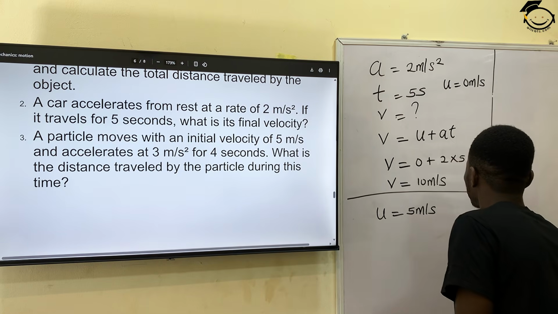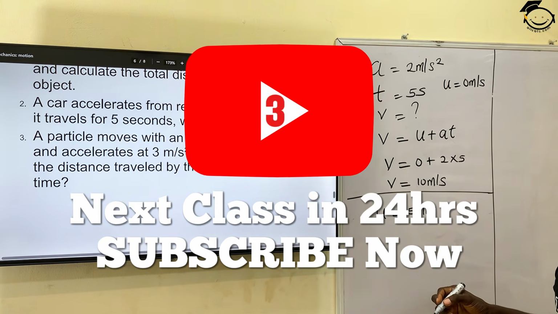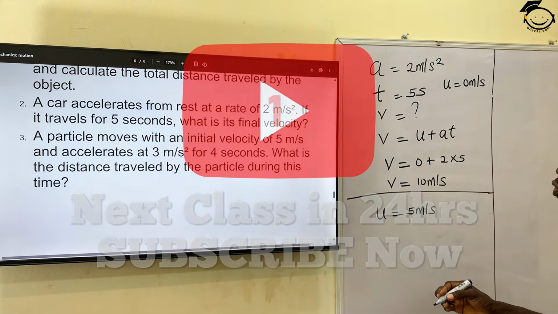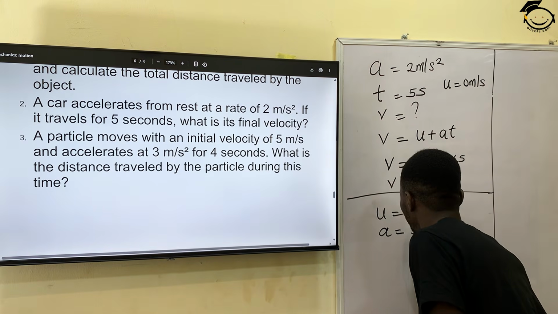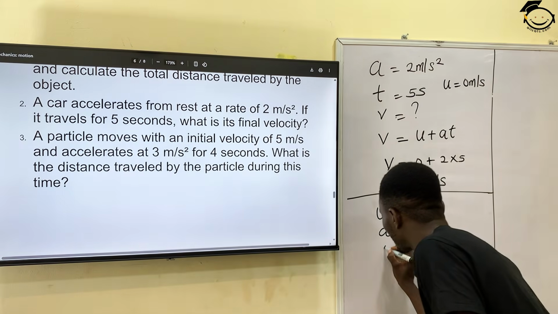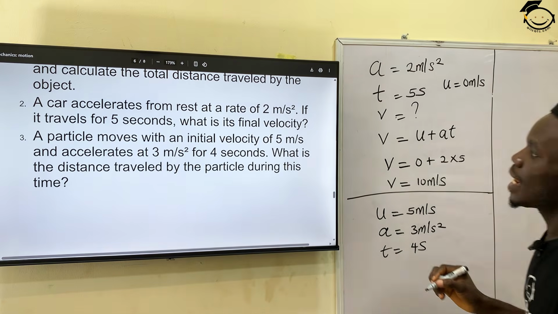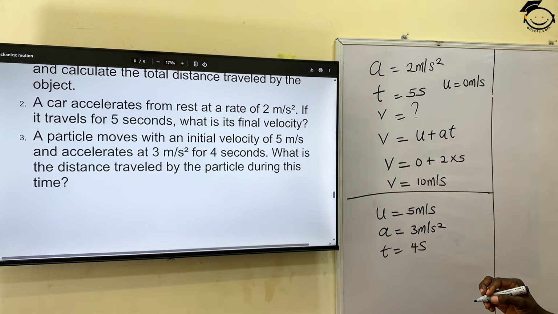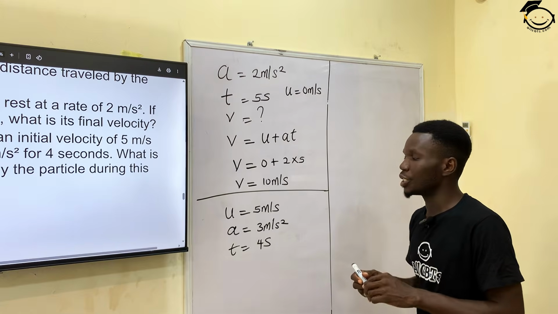And then it said it accelerates at 3 meters per second squared, so our acceleration is 3 meters per second squared, for a time of 4 seconds. Then it asks, what is the distance traveled by the particle during this time?